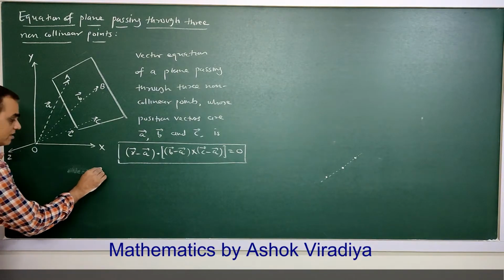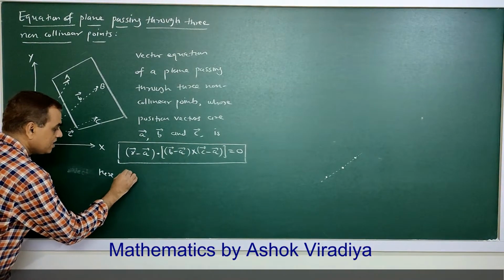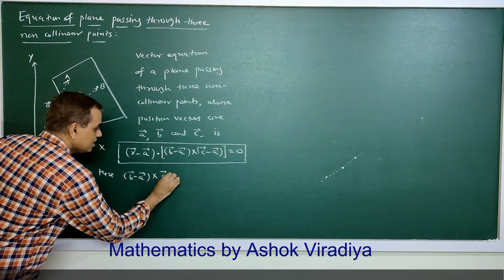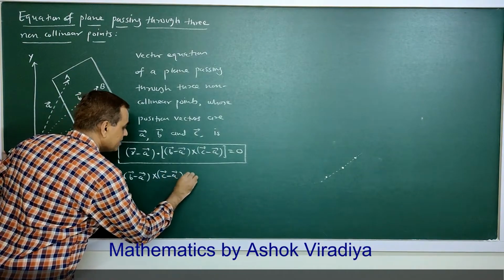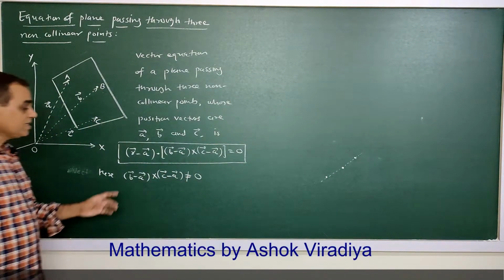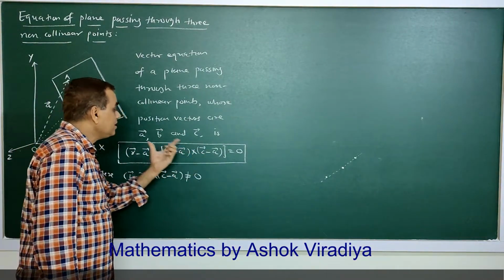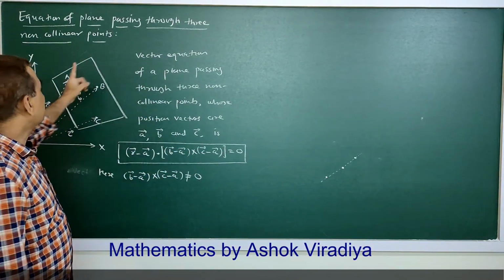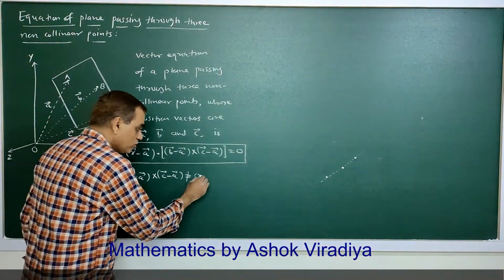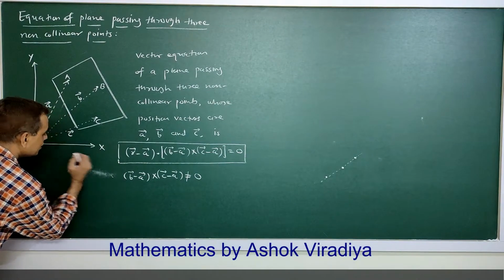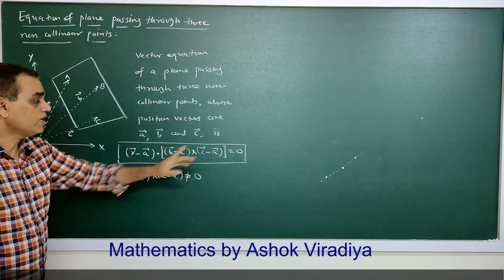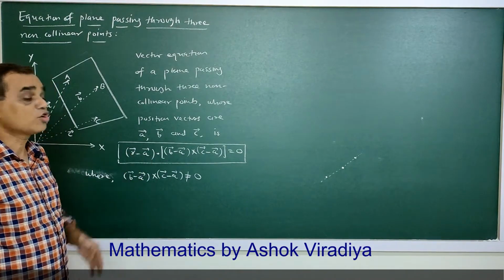So here, if B minus A cross C minus A is not equal to 0, then these points A, B, C are non-collinear. In this equation, this will be not equal to 0 because the points are non-collinear.